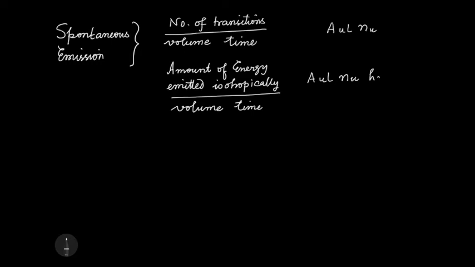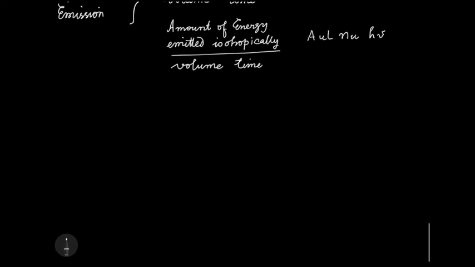This will be A_UL N_U, which is the number of photons. Each photon has an energy h nu. So this is the amount of energy emitted isotropically per unit volume per unit time.